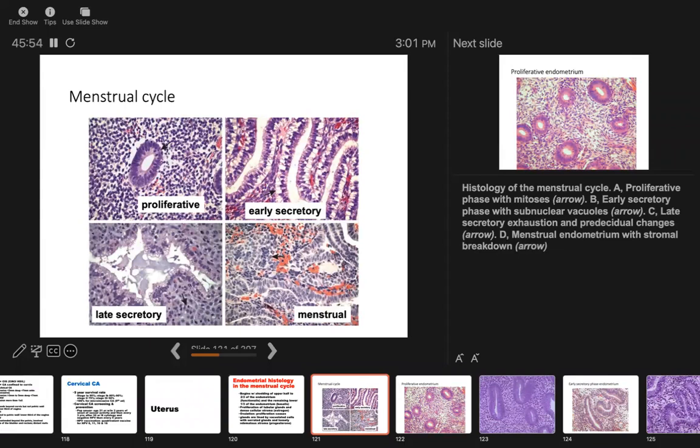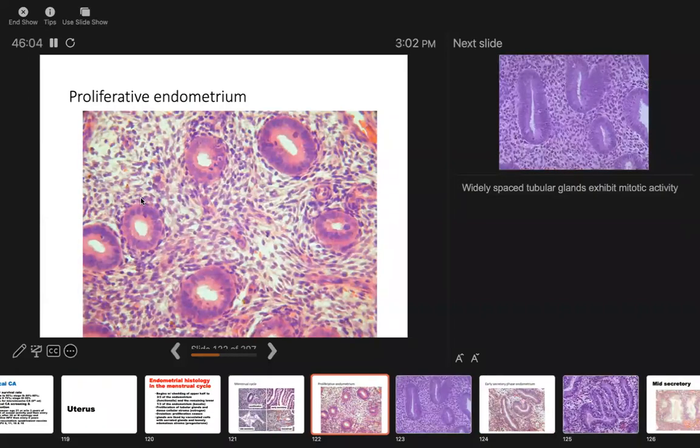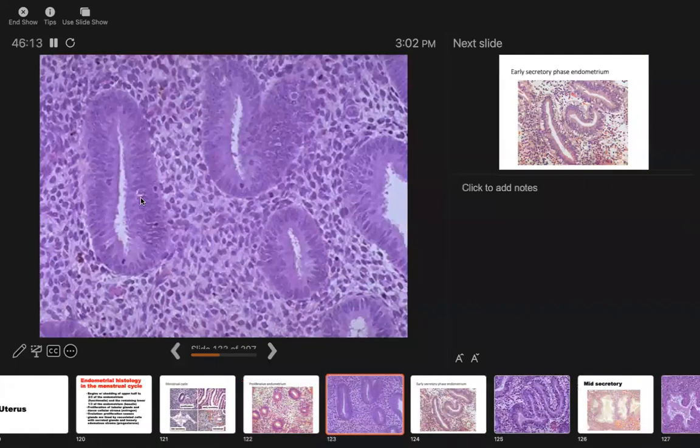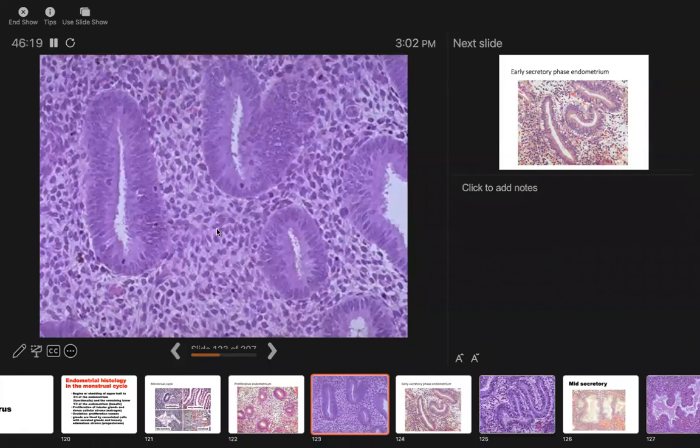If you see tubular glands like this, I'd like to use the next picture. Okay. Tubular glands like that, that is indicative of proliferative phase. The glands are straight, they are tubular structures, they are lined by pseudostratified columnar epithelium. And usually mitotic figures, which are the darker staining structures that you see, are in abundance.